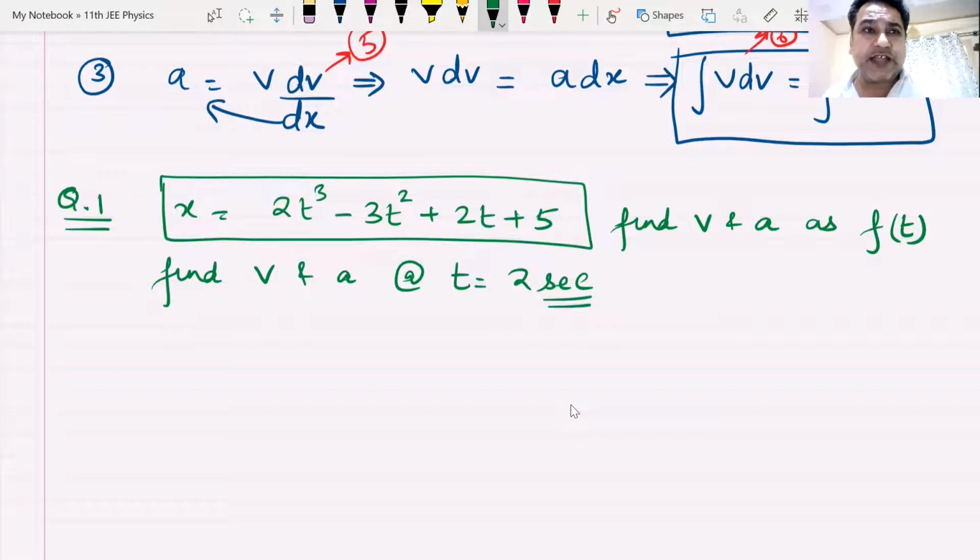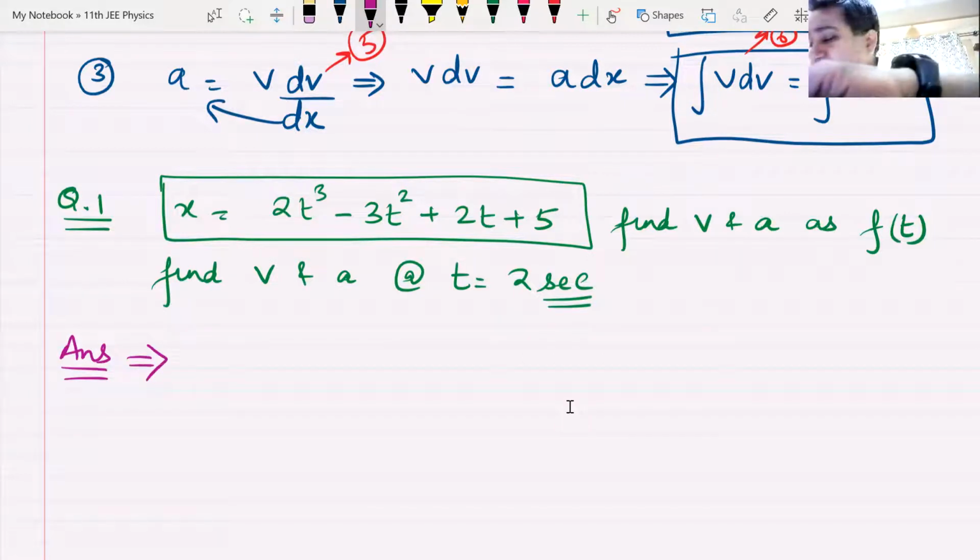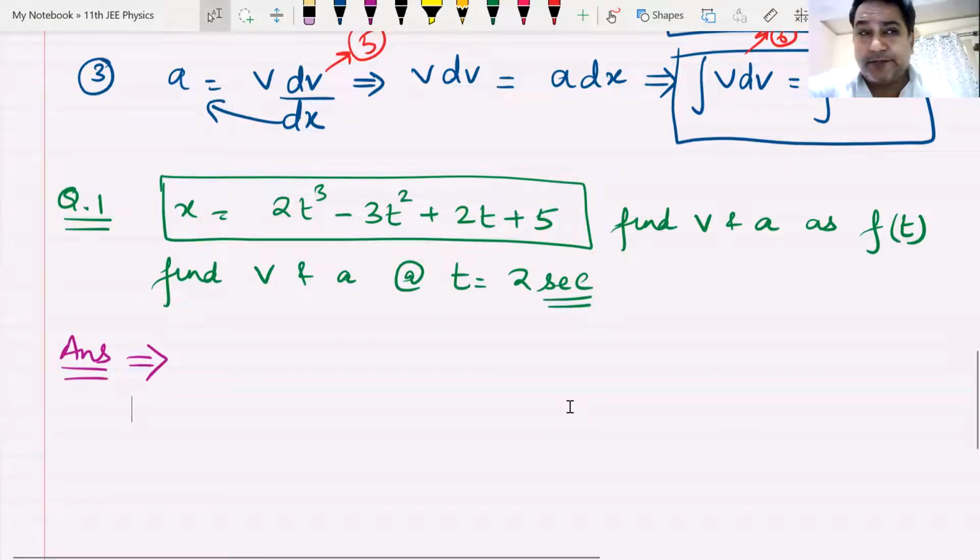X as a function of time is given to you. You are supposed to find out velocity and acceleration as a function of time. Then you have to find velocity and acceleration at 2 seconds. Your time starts now.